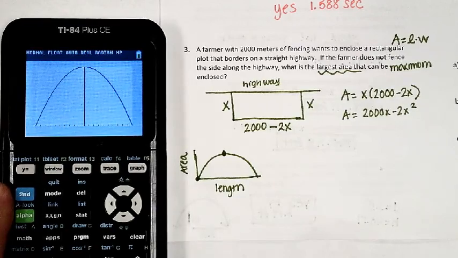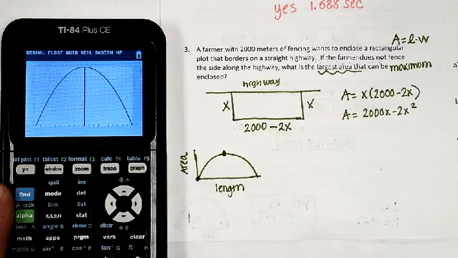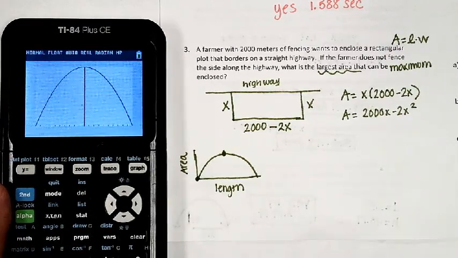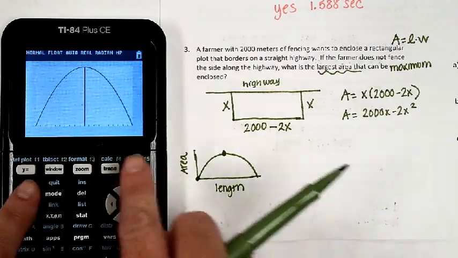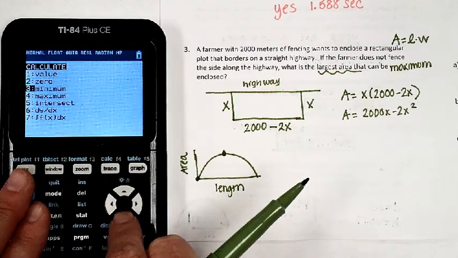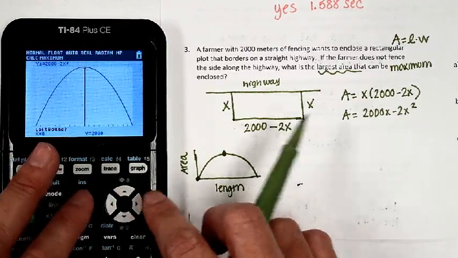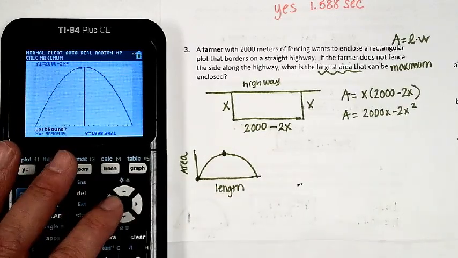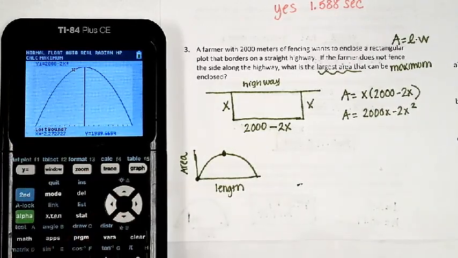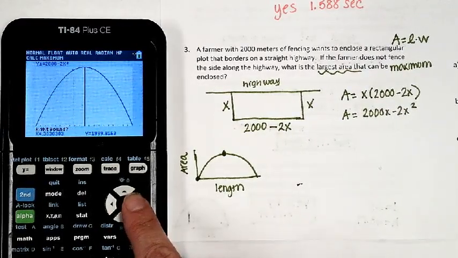Should be good enough, I can see the vertex. Then second trace, and then you'll do the maximum. Where it says left bound, scroll left, make sure that it's to the left of the vertex, enter, and then again right, make sure that the spider thing is to the right of the vertex, enter, enter.